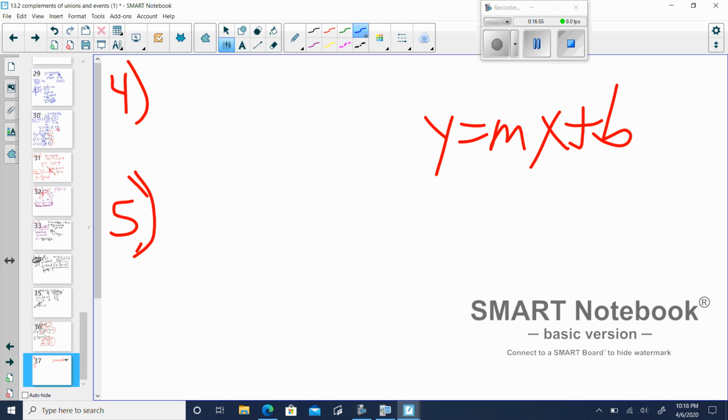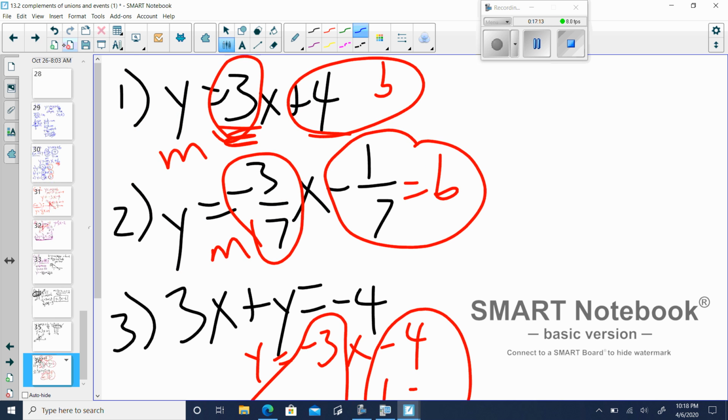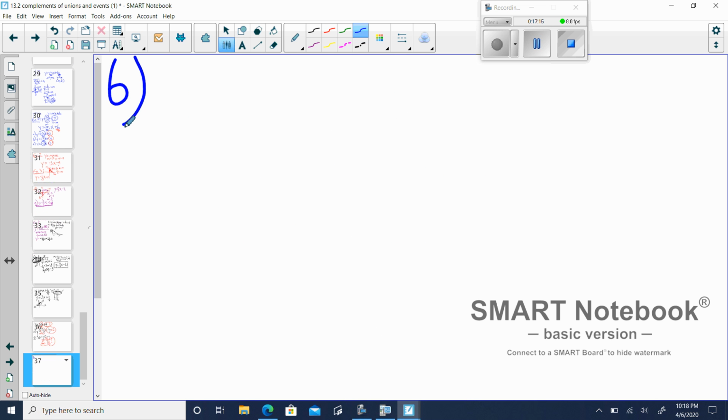You should be done and maybe eating breakfast or something right now, because I haven't started to write these down yet, but it's going to be fast. Our slope is -3/4, our y-intercept is 2, bam. Our slope is 5/6 and our y-intercept is 8. It's that easy and it's that fast. You have to have it, guys.